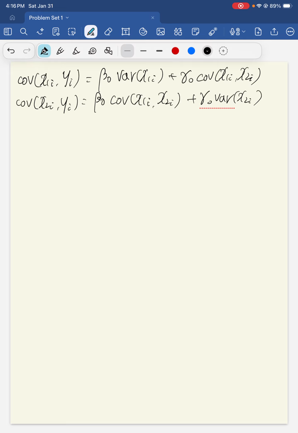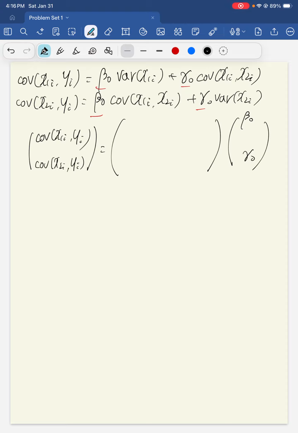We have two linear equations in the same parameters. The unknowns are the parameters beta and gamma, and you should become familiar with matrix notation. Covariance x1i yi, covariance x2i yi equals the matrix with variance x1, covariance x1 x2, and so on, times beta 0, gamma 0. Simply let me write it this way.